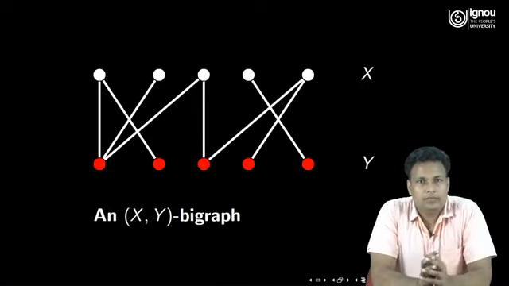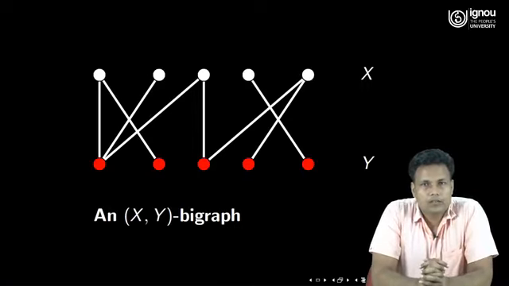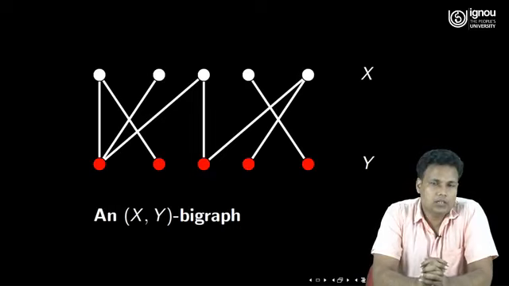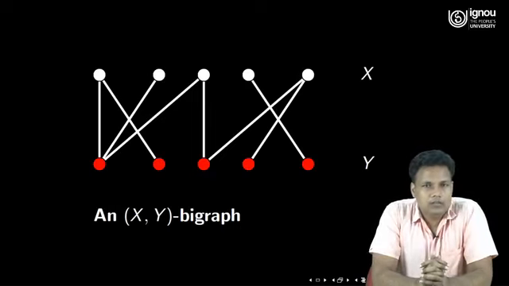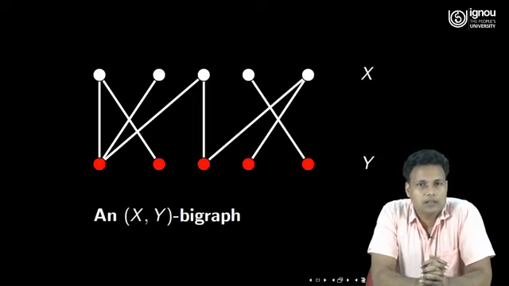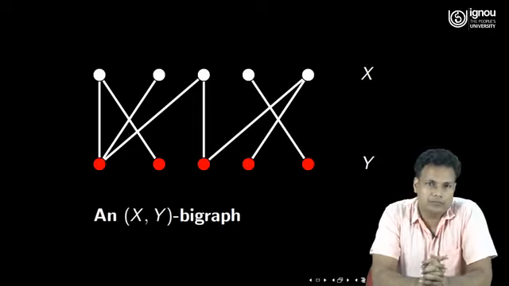Now look at this graph. You can see that this graph is also bipartite with the partite sets X and Y. Every edge has one endpoint white and another endpoint red. We shall write a bipartite graph with partite sets X and Y as an XY-bigraph.